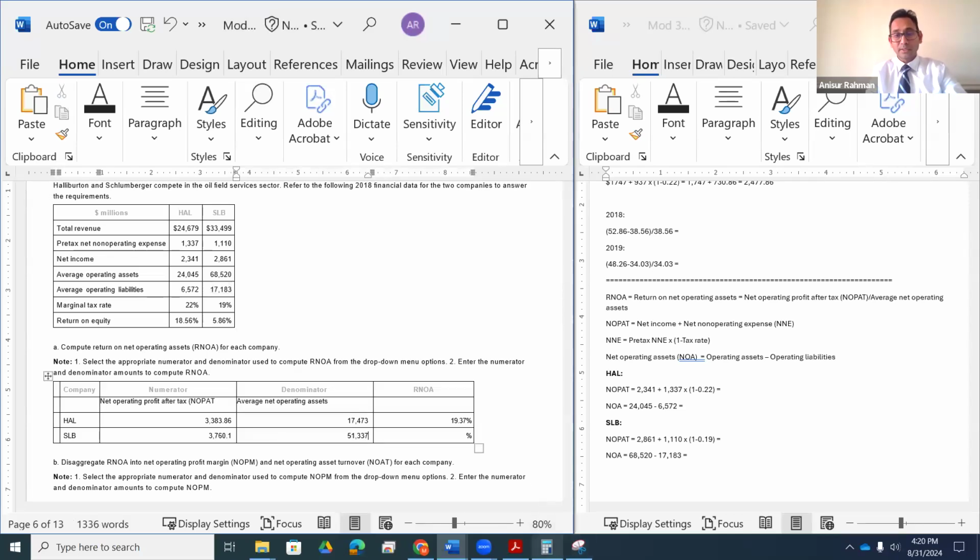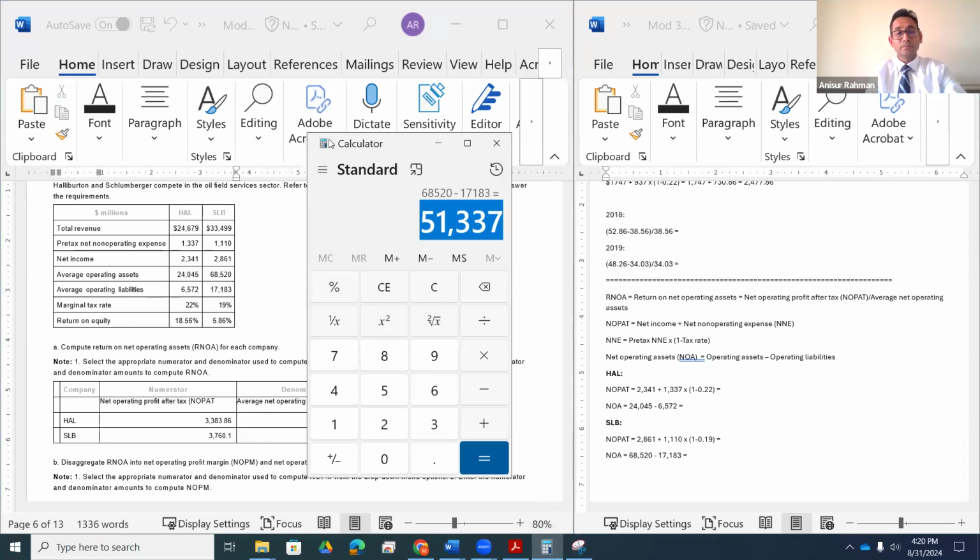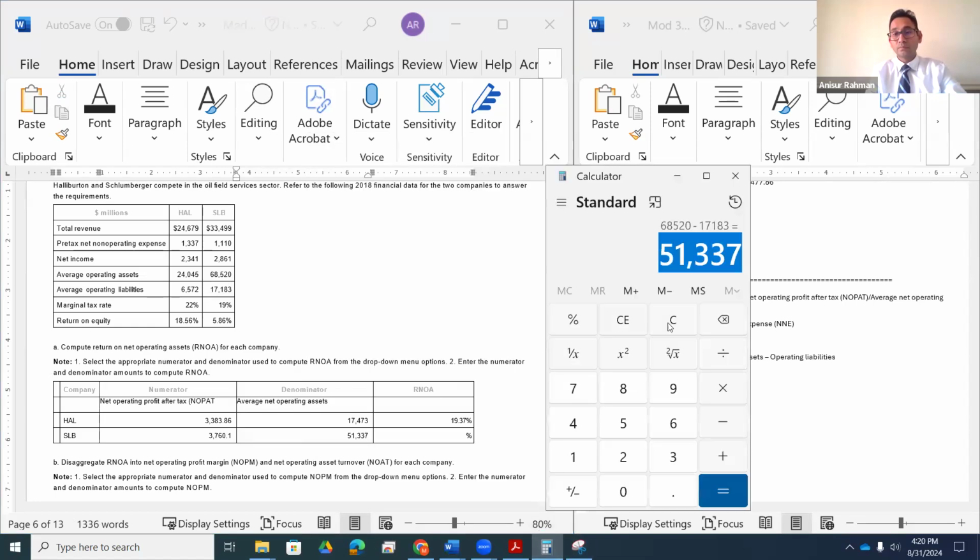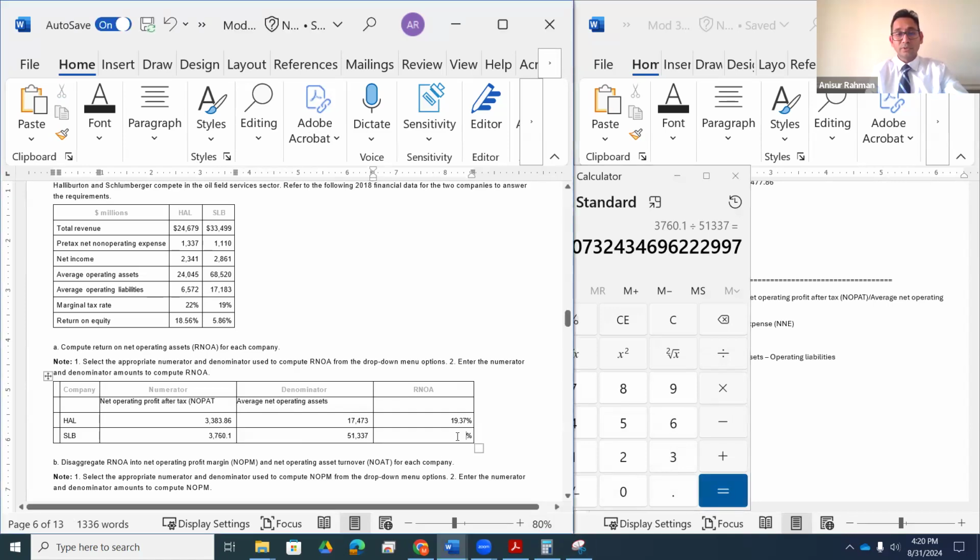So we can calculate the ratio now. (7.32%).